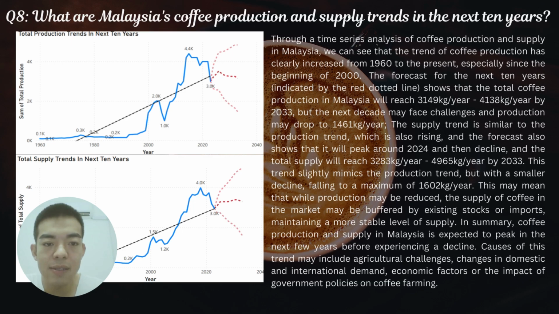This resilience in supply can be attributed to strategic stockpiling and imports, ensuring market stability. In summary, while we anticipate a peak in the coming years, the coffee industry in Malaysia must prepare for the ebbs and flows dictated by both internal and external pressures.